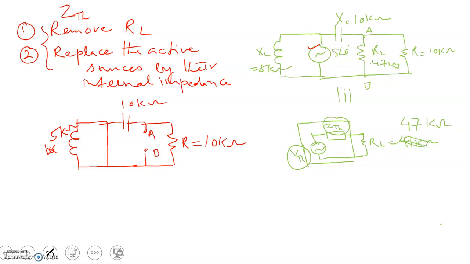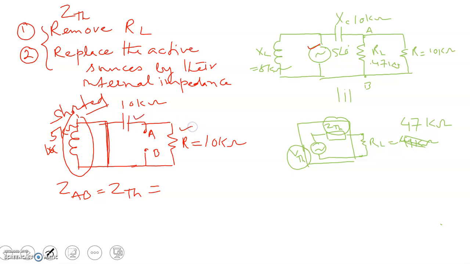We are interested in finding out ZTH or ZAB, which is basically ZTH. Just see, this inductor gets shorted. So we are left with this capacitor and this resistor. They are connected in parallel when we are seeing the circuit with A and B as the terminals.